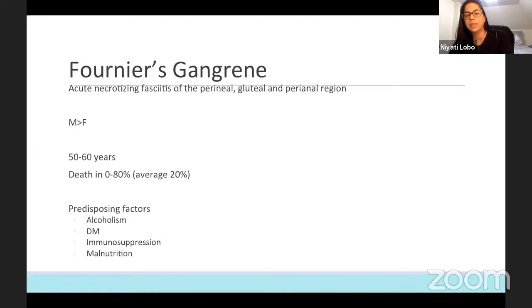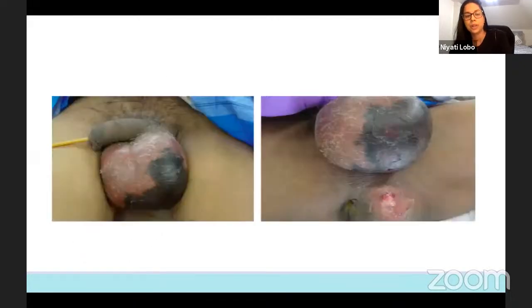You think Fournier's gangrene if you hear the words diabetic, long-term catheter, elderly, nursing home. Those buzzwords should make you think of Fournier's gangrene, and that's what it looks like. You get areas of desquamation and then necrotic tissue.